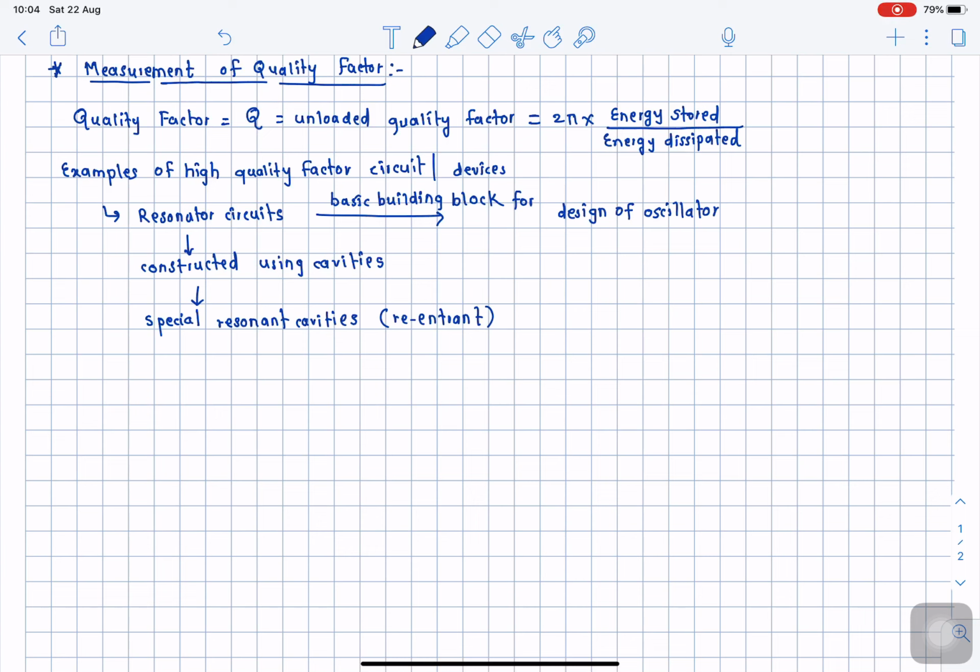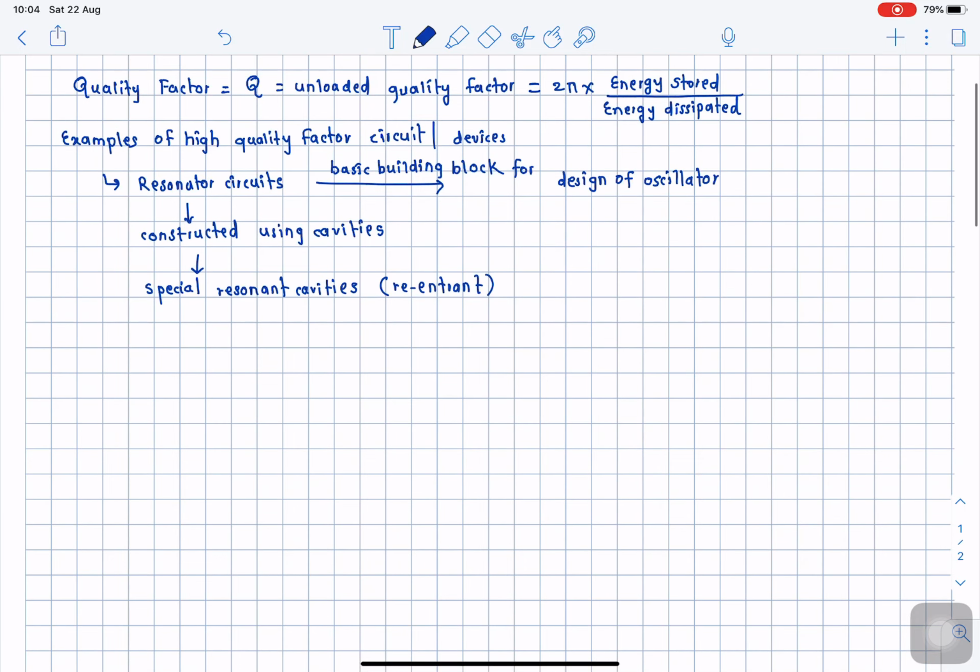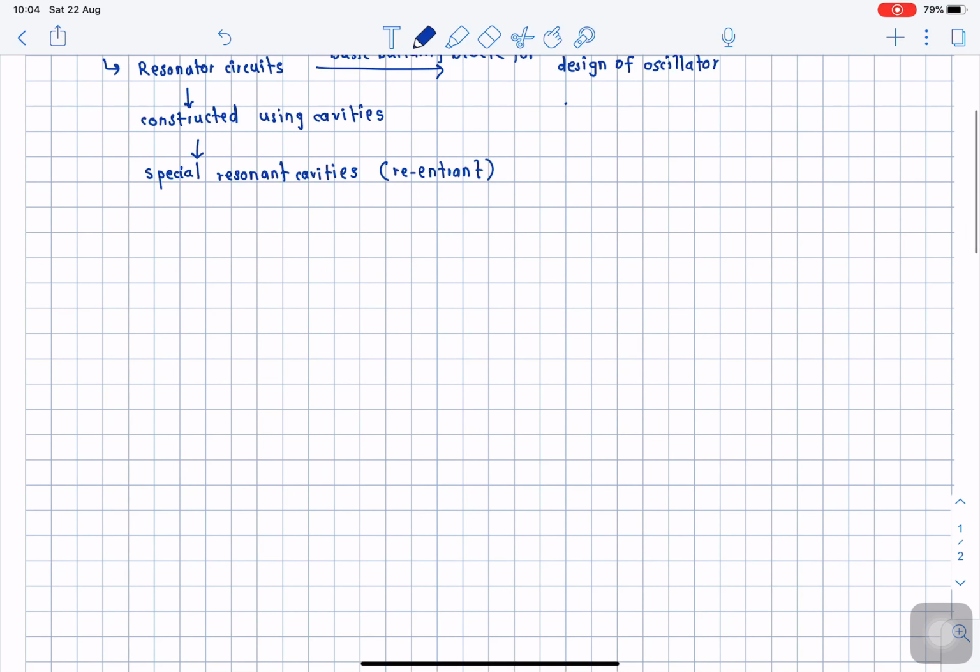The quality factor for these kinds of devices, especially for the resonant circuit or resonant devices, is very high. The graph of quality factor with respect to frequency I am going to draw now. On the vertical axis I will plot the quality factor Q, and on the horizontal axis I will plot the frequency. When we plot the quality factor with respect to operation frequency of a resonator circuit, we get this kind of a bell-shaped response, right?